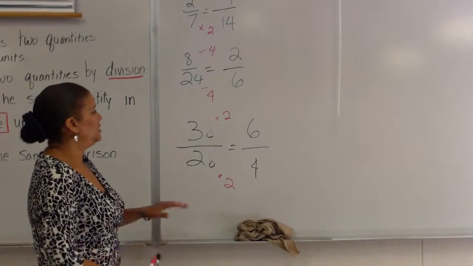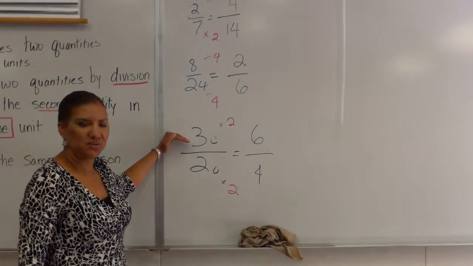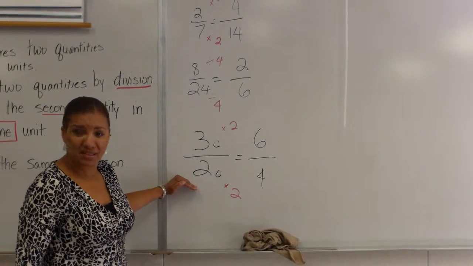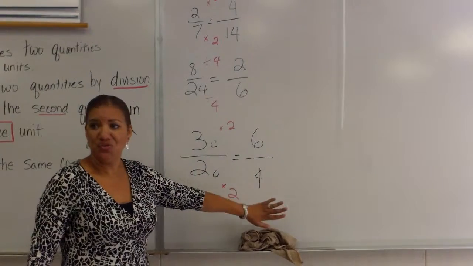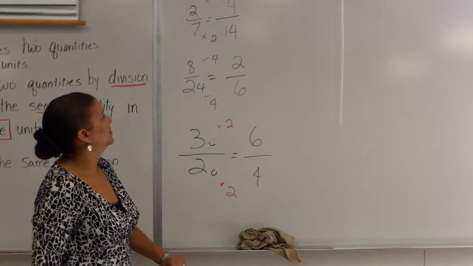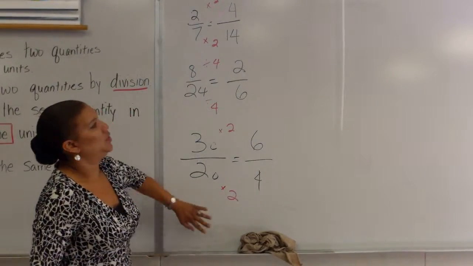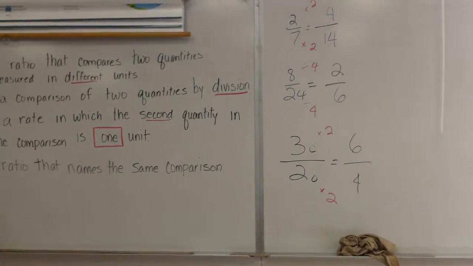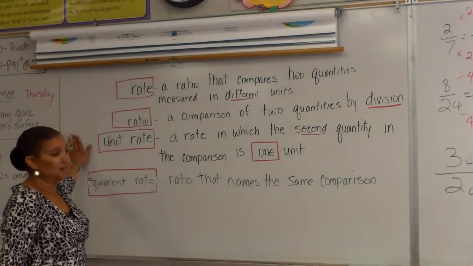So I have found my equivalent ratio. 3 cups of cranberry juice to 2 cups of orange juice is equivalent to 6 cups of cranberry juice to 4 cups of orange juice. We are finding the equivalent ratios so that we can get to finding the unit rate.